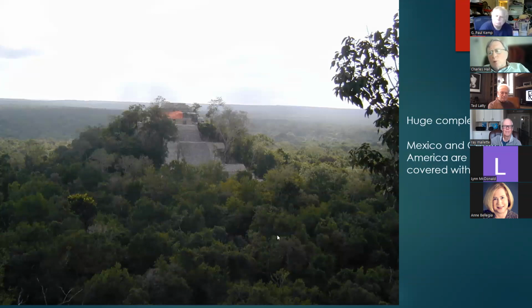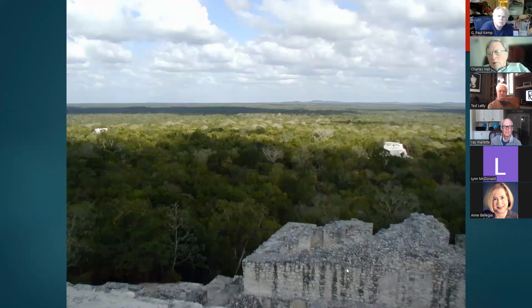You can go into southern Mexico and northern Guatemala, and you can find these old ruins, with nobody living there, that have been uncovered. They're covered with forest, but these are uncovered. And you look at all these hills, and it turns out all the hills are old cities.